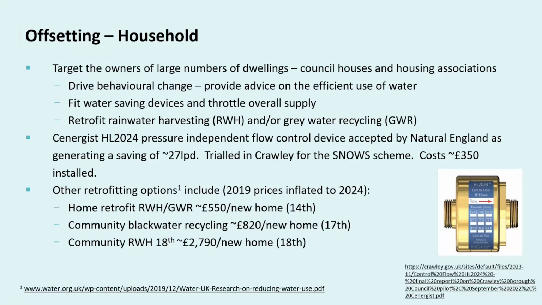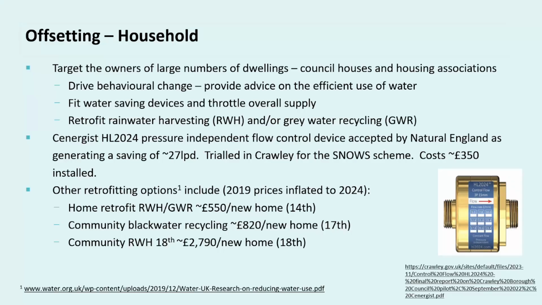As you can see towards the bottom of the slide, a Water UK study looked at 18 options to reduce national water consumption and found that retrofit options were the most costly, which is not surprising. And you can see here that home rainwater harvesting and grey water recycling was ranked 14th, community black water recycling 17th, and community rainwater harvesting 18th.